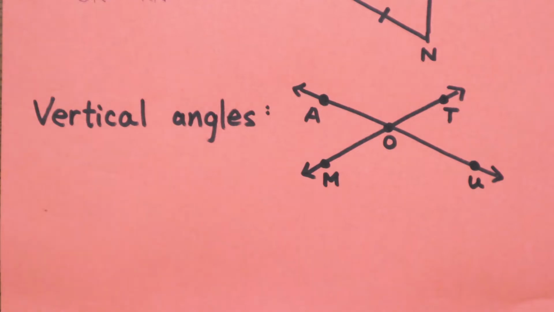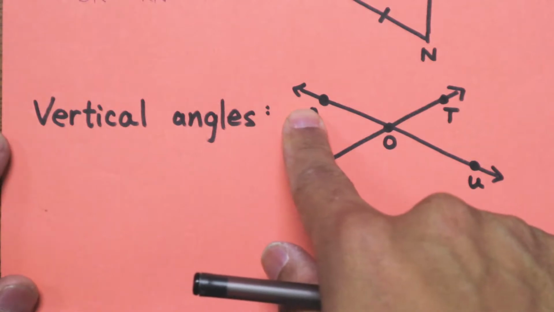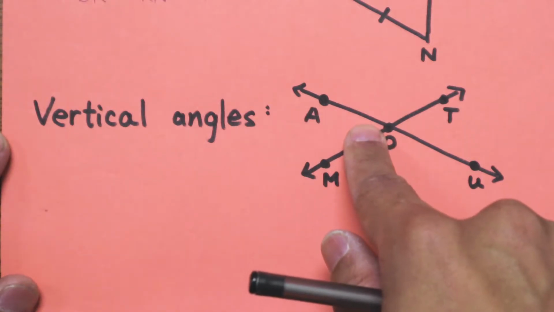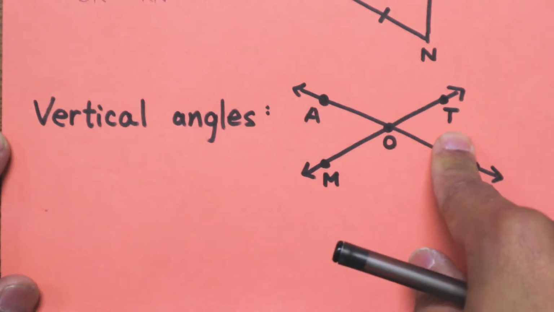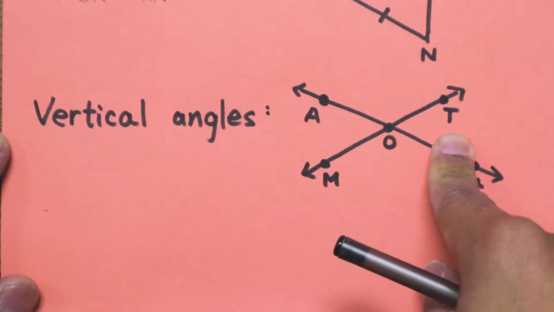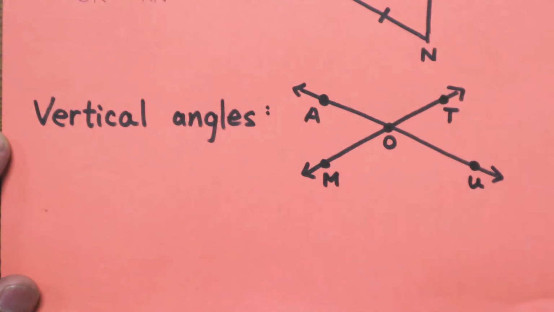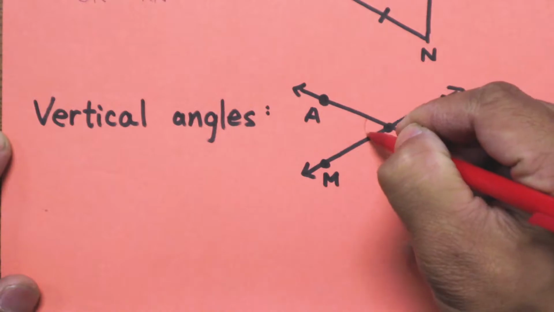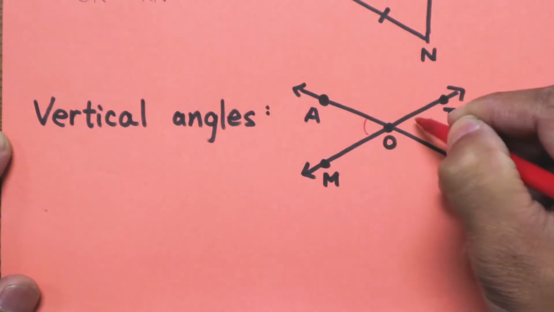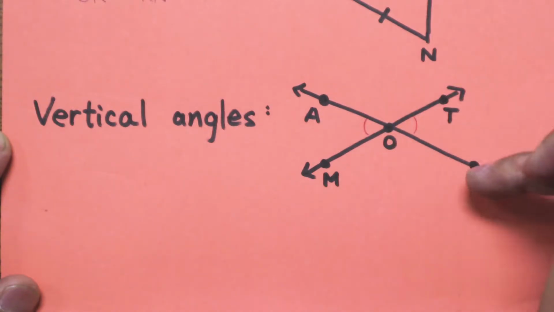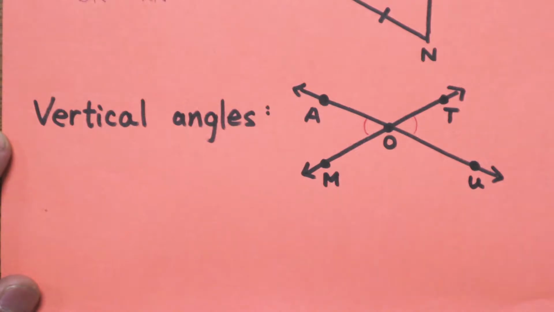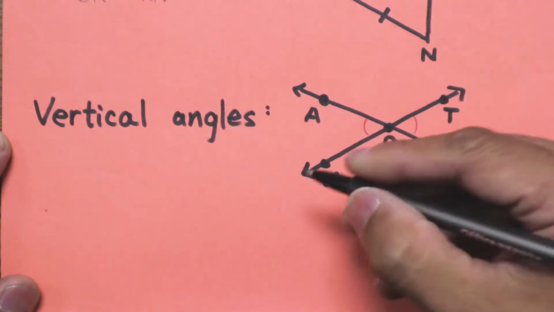And this is not a type of triangle. This is just a pair of angles. In vertical angles, they open in opposite directions. So in this case, we're going to say that these two angles, angle AOM and angle TOU, are congruent angles, and they're also vertical angles.